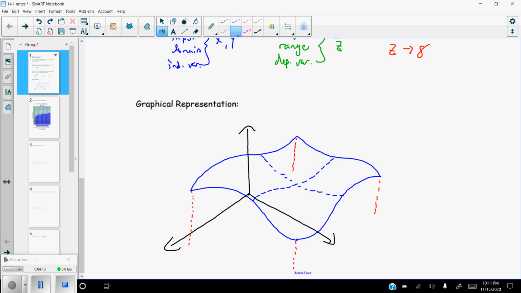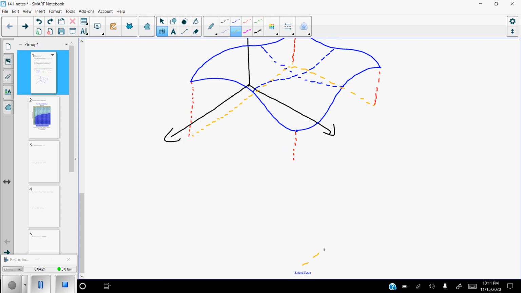So the domain is basically this rectangular region, like that rectangular region down in the xy plane, whereas some kind of input is going to be based upon x and y.